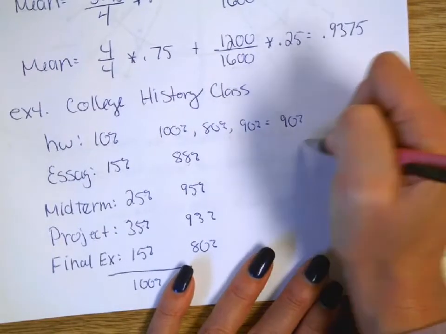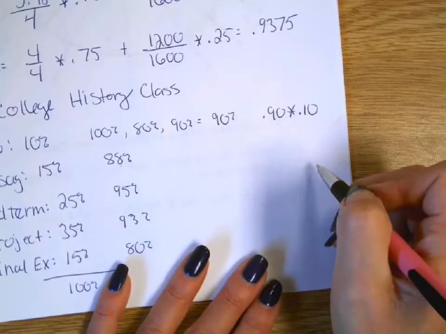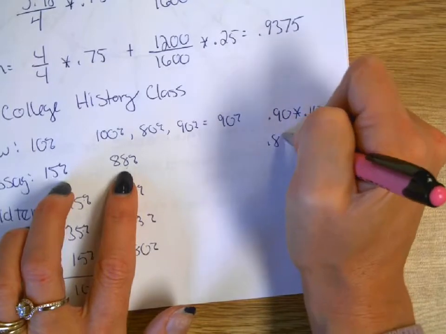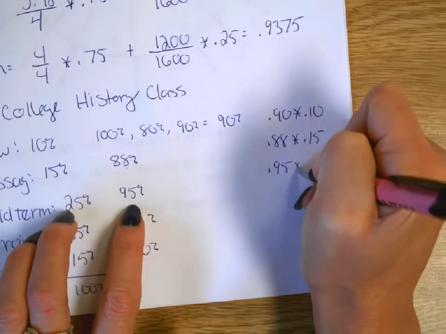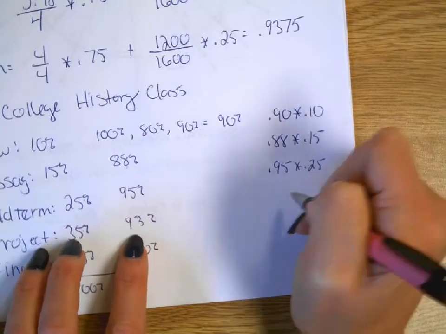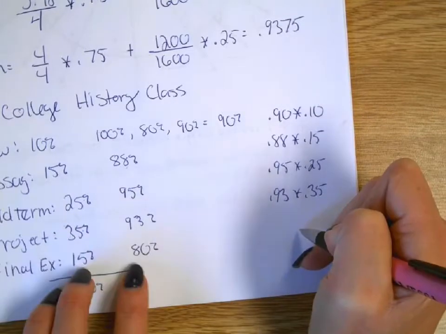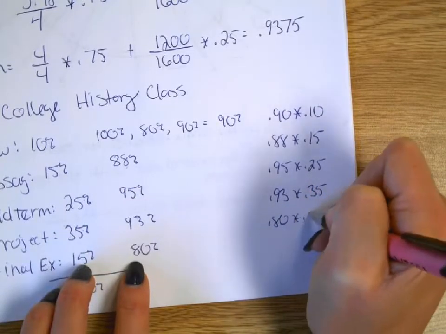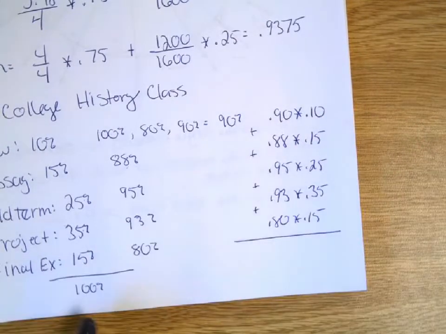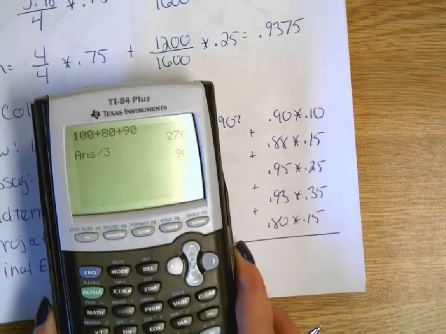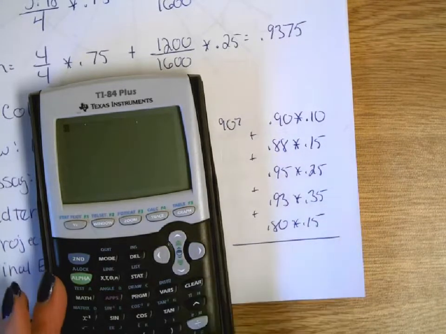So, I'm going to have 0.90 times 0.10 for the homework, 0.88 times 0.15, 0.95 times 0.25, 0.93 times 0.35, and 0.80 times 0.15, and we're going to add all of those up. Divide by 1, which isn't necessary because my weights add up to 100%, and that's as difficult as it is. So it's the category average times its weight, all added together.